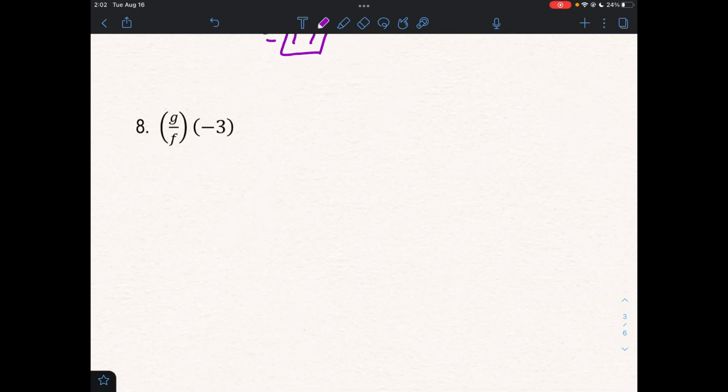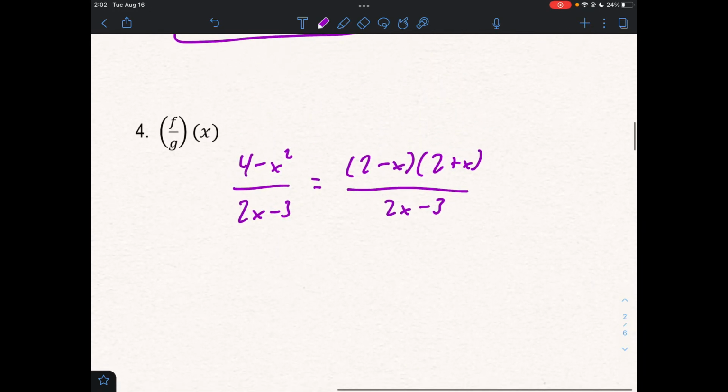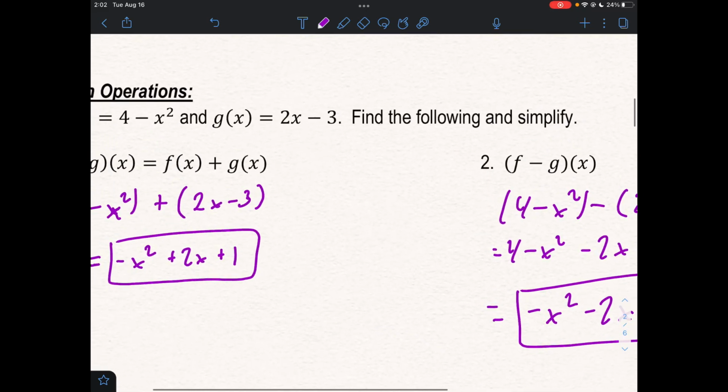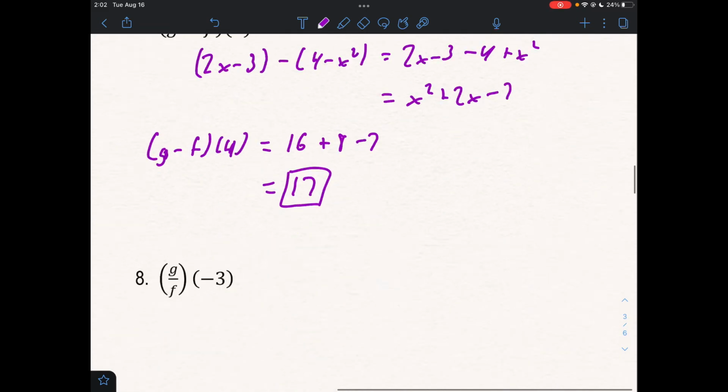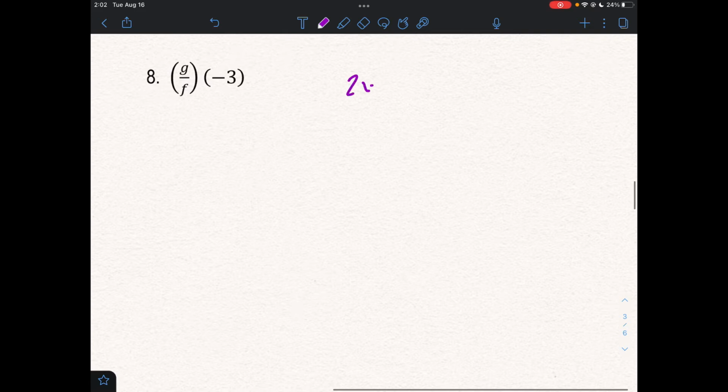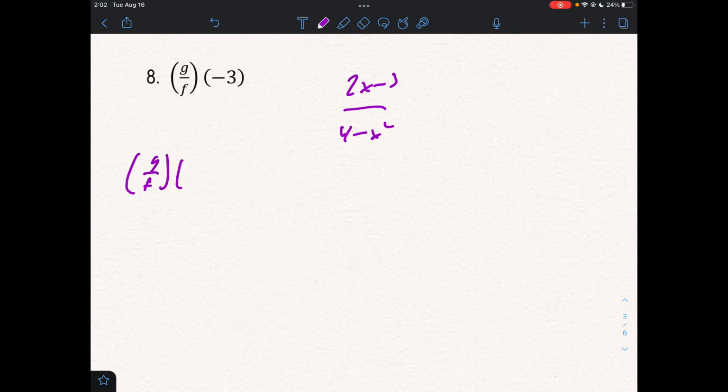Finally, g over f of negative 3. So before we did f over g, now we've got to do g over f. It'd be 2x minus 3 over 4 minus x squared. So then g over f of negative 3, we're going to put negative 3 in there, but you get negative 6 minus 3 over 4 minus 9.